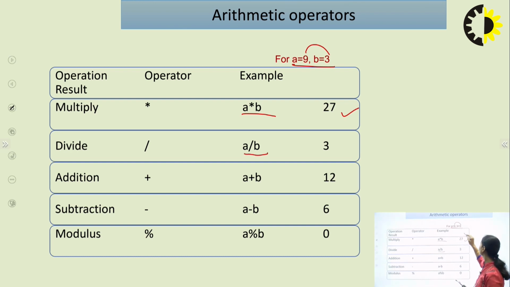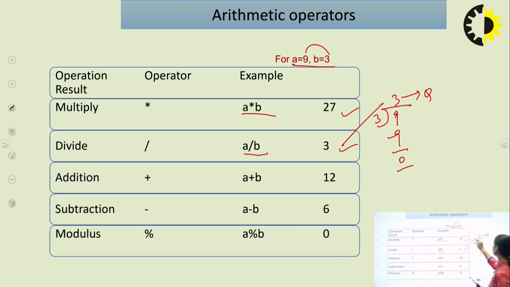So when 9 is divided by 3, we get 3, that is the quotient, as 3 threes are 9 and the remainder is 0. So this is returned when we have A divided by B, and when we have A modulus B, the remainder is returned. A plus B is a simple addition between 9 and 3, and A minus B is 9 minus 3, which is 6.